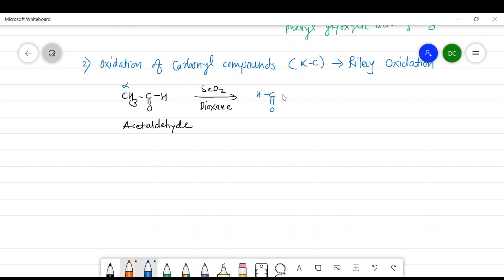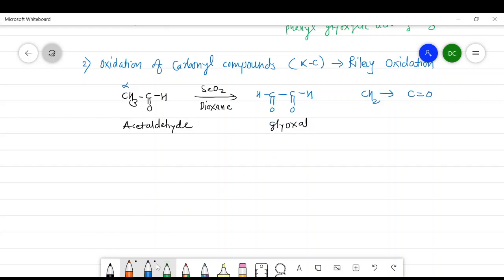One carbon remains as it is, and a CH3 group is converted into a CHO. So in this reaction, we get the corresponding glyoxal.